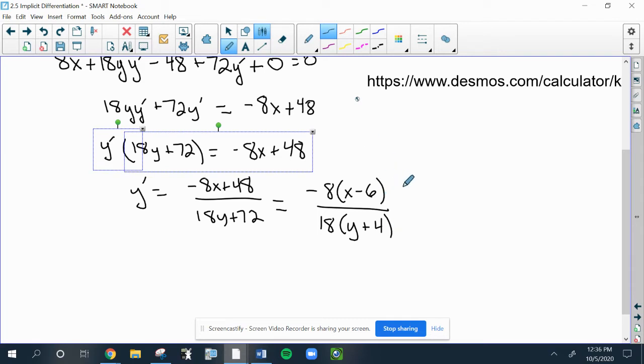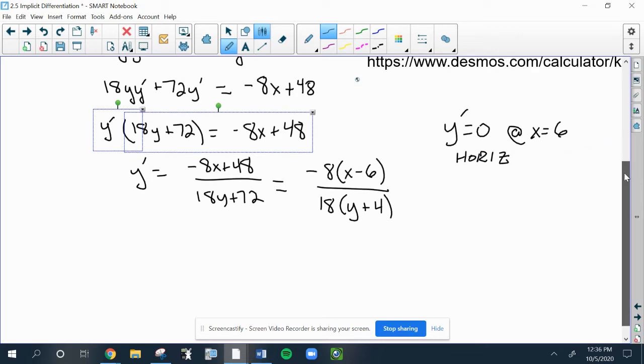So the derivative is 0 where the top is 0, or at x equals 6. That would be the horizontal tangent lines, because that's where the derivative, the slope, is 0.